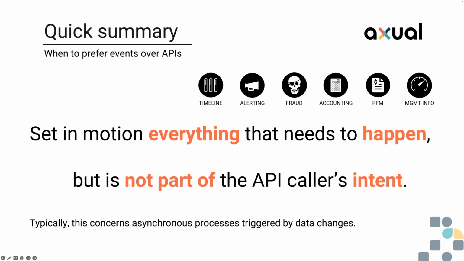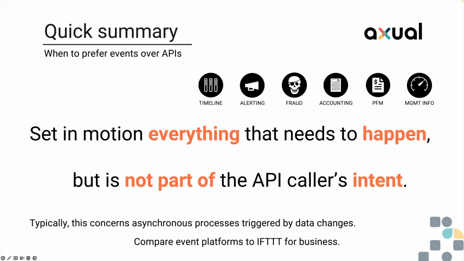So timeline, alerting, fraud, this is all not in the intent of me transferring money to somebody else. But these processes do need to be triggered. And this is done asynchronously, triggered by the data changes, in this case, the transaction that took place and the money being deducted from my payment account.